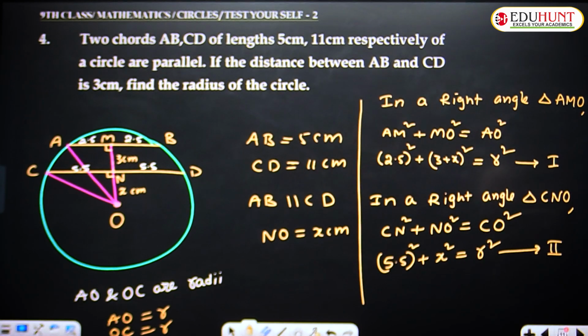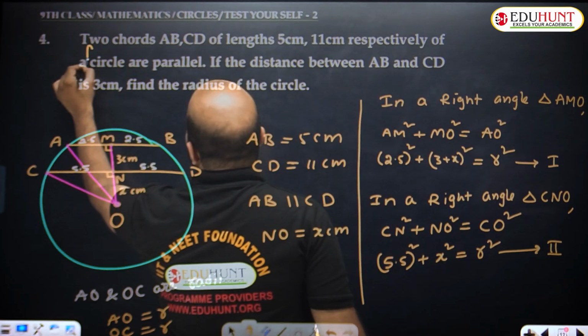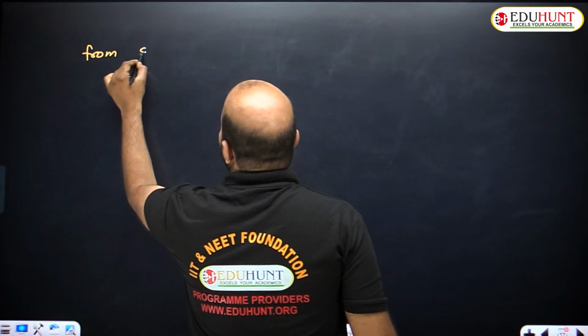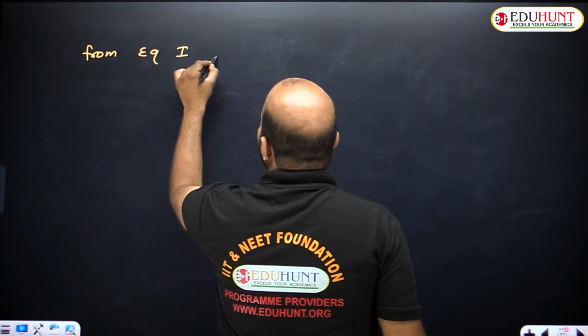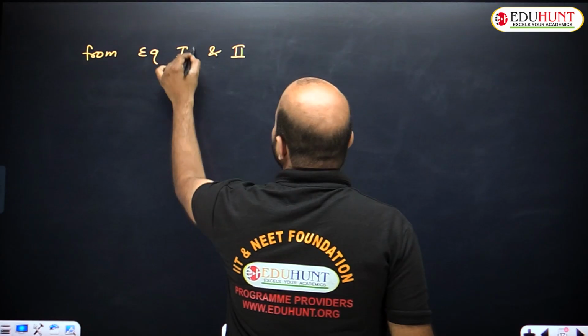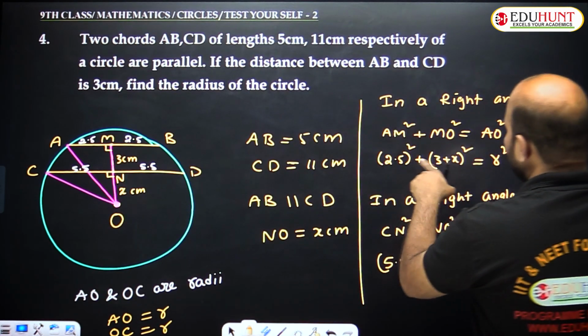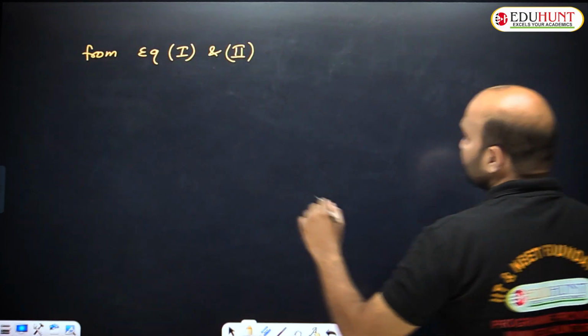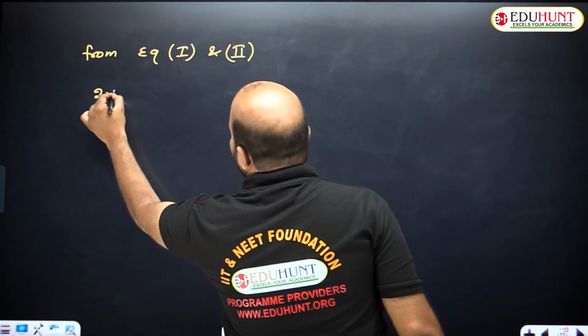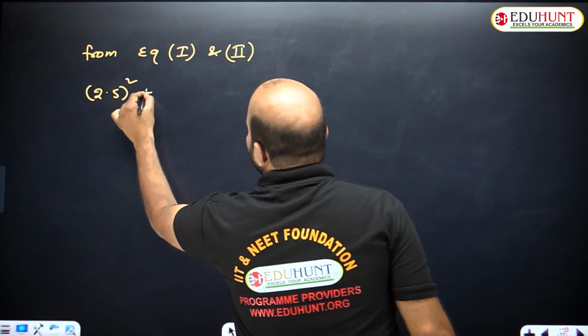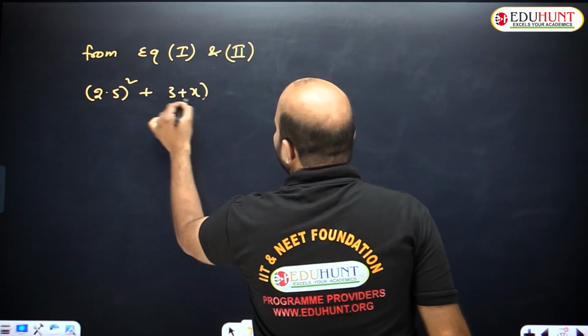From equations 1 and 2, we will get the x value first. So what is equation 1? 2.5 whole square plus 3 plus x whole square equals R square.